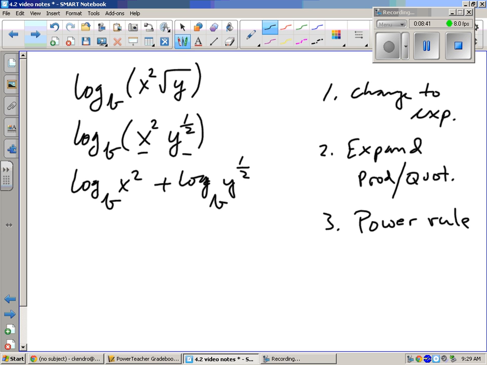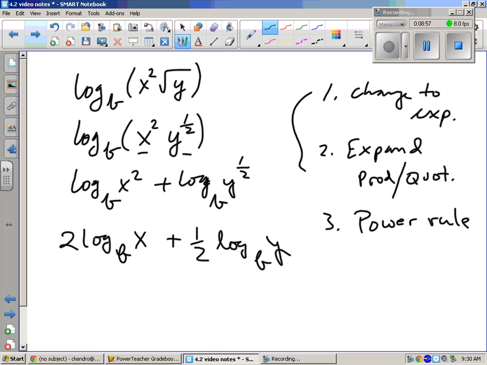So bring all those powers out front. So this x squared becomes 2 log base b of x. This 1/2 comes out front, and then it's log base b of y. So follow these rules as to how you're going to expand. You have to do it in that order.